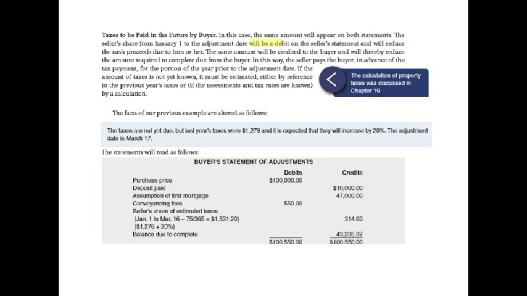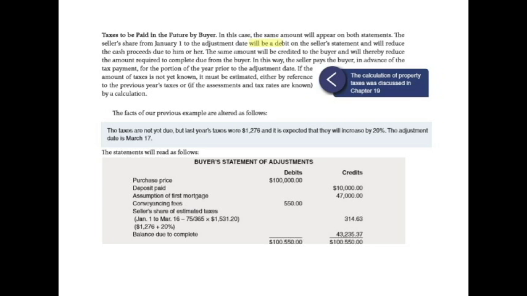Now, conveyancing fees, the buyer has to pay. So that's in the debit column, $550. That's a frown. Now, the seller's share of estimated taxes, January 1st to March 16th. So that's 75 days, so 75 over 365 times the total year's taxes, $1,531.20.